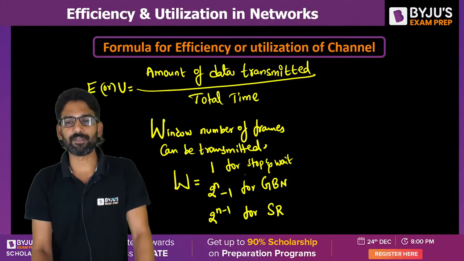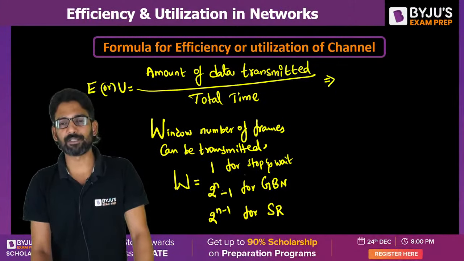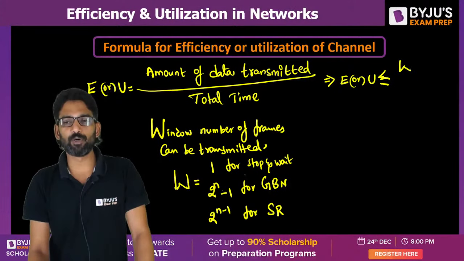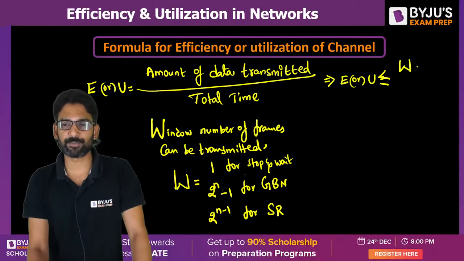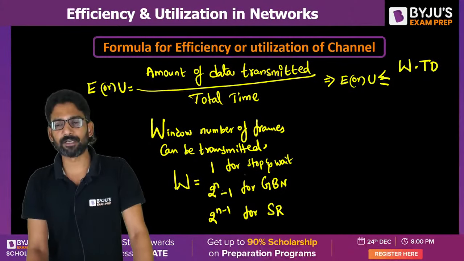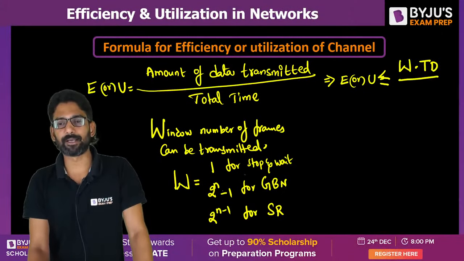So efficiency or utilization is less than or equal to the window number of frames you can transmit, and for every frame, the transmission delay divided by total time.